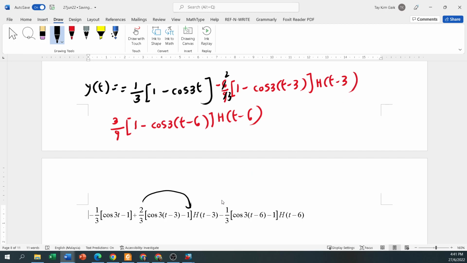And then the third term, plus. Simplify, this is 1/3, negative 1/3 multiplied by negative 1, so positive 1/3 multiplied by h(t minus 6). So minus 1/3 cos 3 times (t minus 6) multiplied by h(t minus 6). So it's correct.